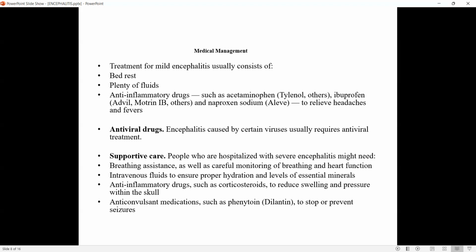Anti-inflammatory drugs such as corticosteroids to reduce the swelling and pressure within the skull. Anticonvulsant medication such as phenytoin, Dilantin, to prevent seizures.